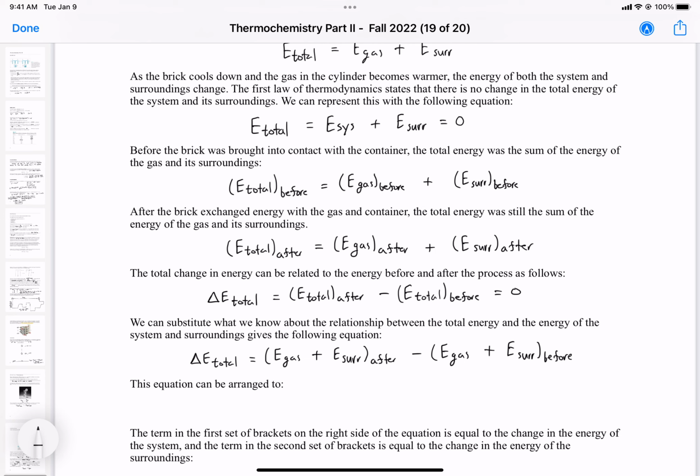Okay, and we can say that equals 0. So this is what our process looks like if we were to represent it mathematically in terms of energy transfer.